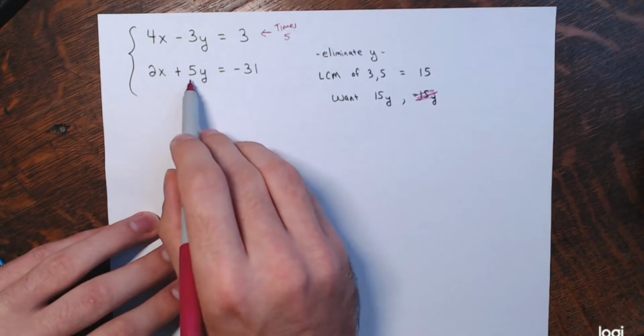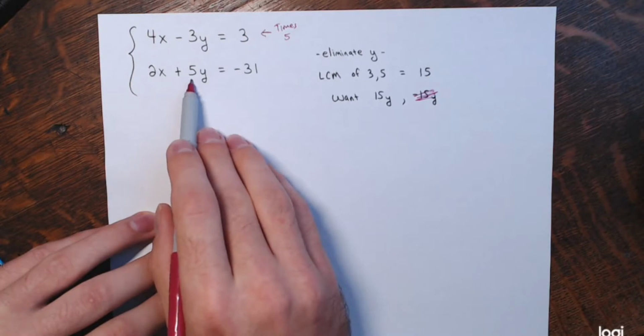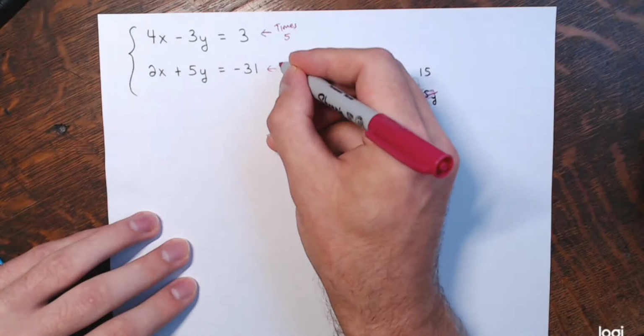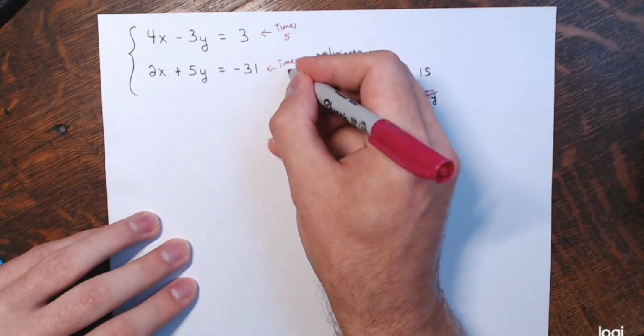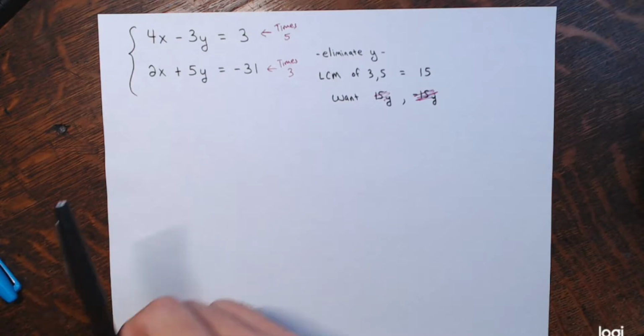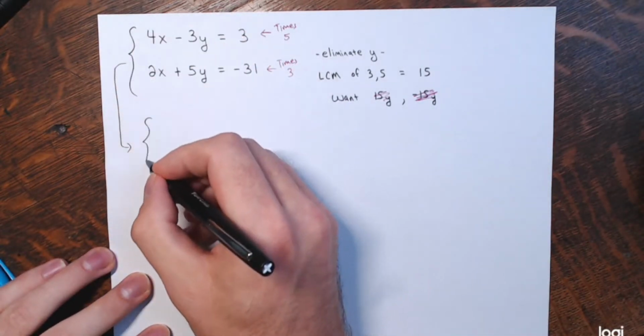Second equation has positive 5y. Now I already did the negative 15y, so I want to change this into positive 15y, and that would simply be by multiplying by 3. So times 3, second equation, both sides, every term. Alright, so that'll create the following equivalent system.